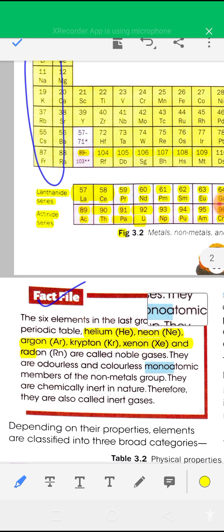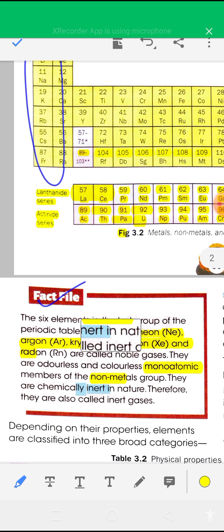Noble gases are monoatomic elements, and they are non-metals, and they are chemically inert. They are chemically inactive. They do not react with any other elements. That's why they are known as inert gases, inert elements or noble elements, also called noble gases.